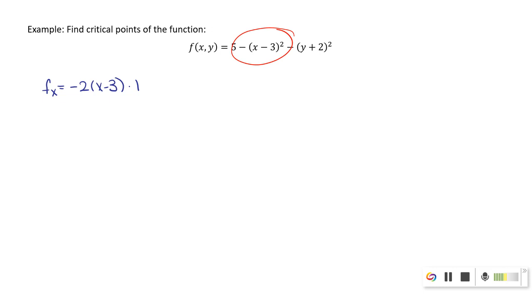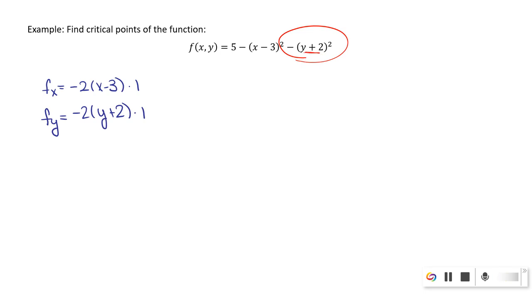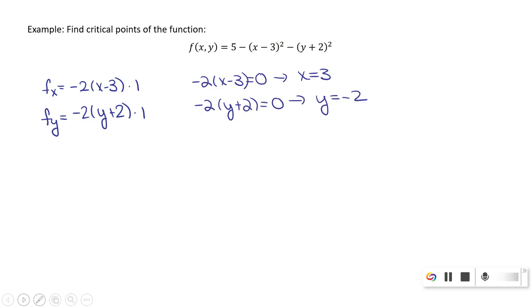I'm going to use the chain rule, so I brought down the 2, and I get negative 2(x minus 3) times 1. And then I'll do something similar to find my derivative with respect to y. Only term with a y in it is the last one. Using that chain rule, I get negative 2(y plus 2), and then times derivative of the inside, which is 1. So there's my partial derivatives.